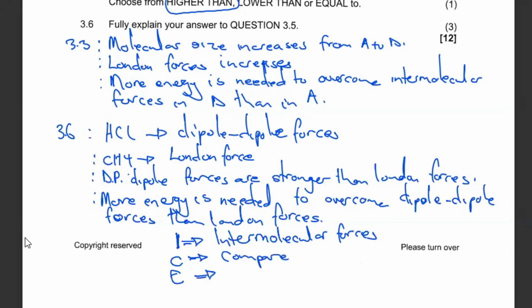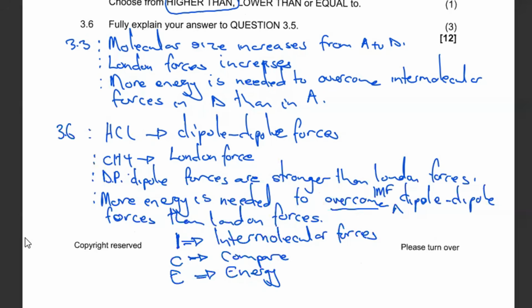Then E is for energy: explain in terms of the energy needed to overcome. Take note of this term, overcome. We're not going to use the term break. More energy is needed to overcome IMF in dipole forces than London forces. So that's how they are.